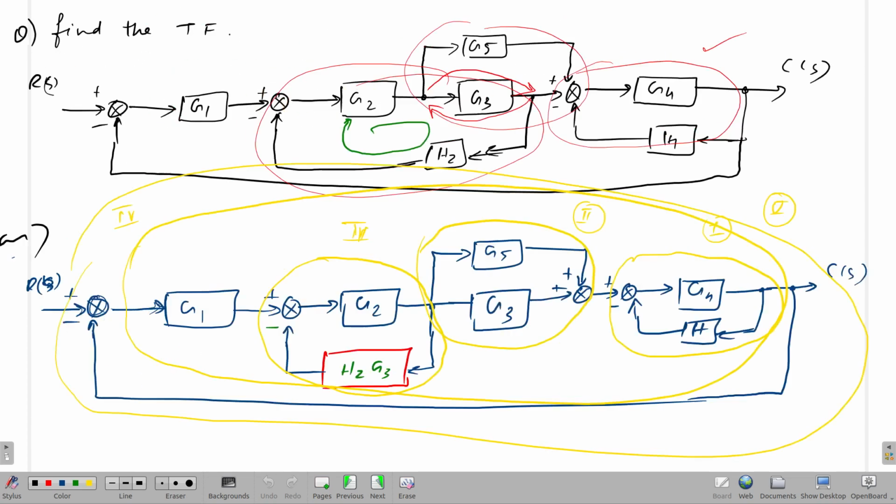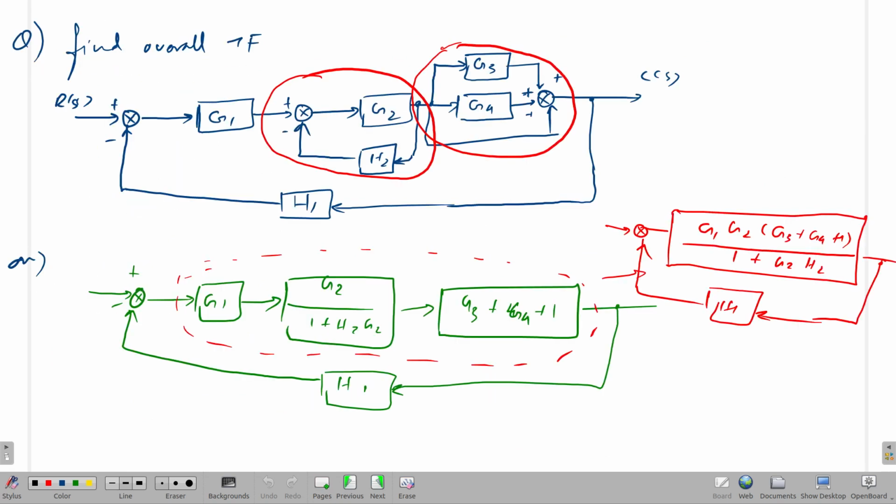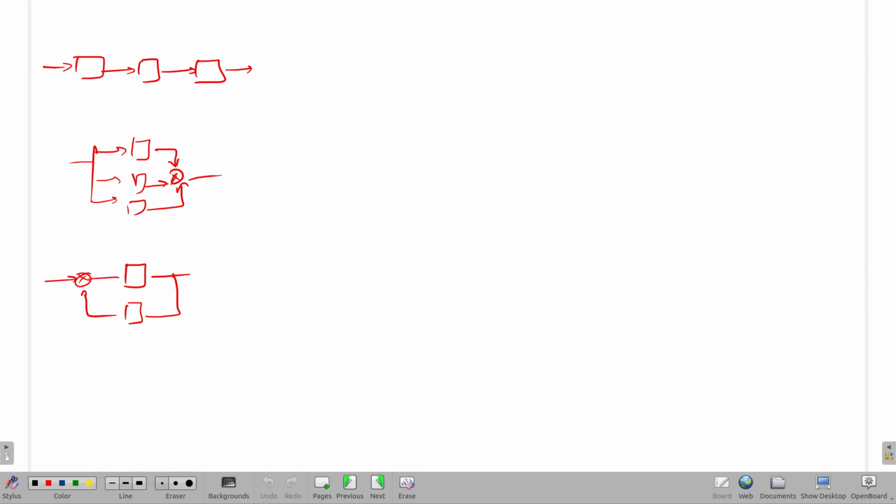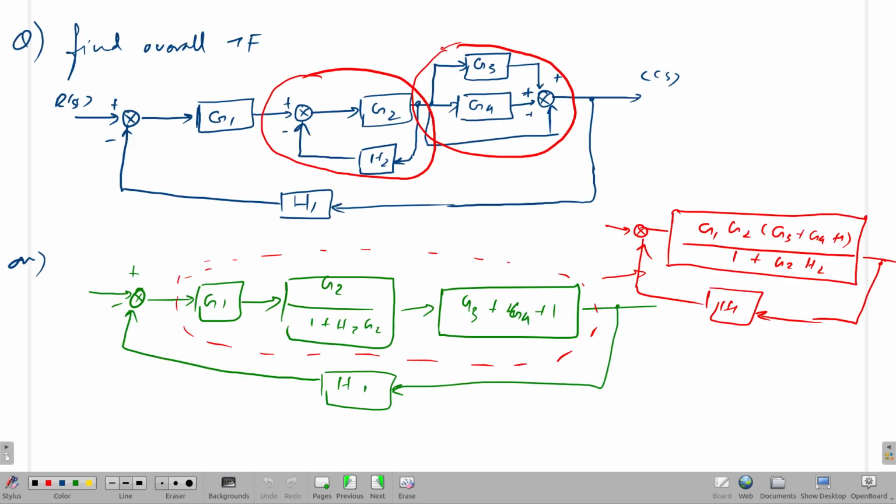Okay, so if we go back, whatever we have done here, we have used different techniques of shifting summing points and all those things to arrive at these three. That is, we have to identify where we can use cascading, parallel and feedback, and reduce whatever we have.